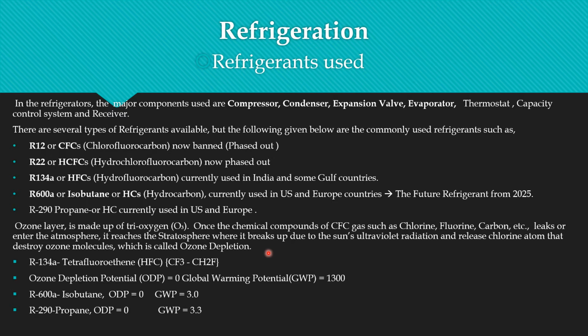They will give global warming, which also leads to a rise in temperature in the atmosphere. So that value is to be reduced for the refrigerant we are going to use in the future.